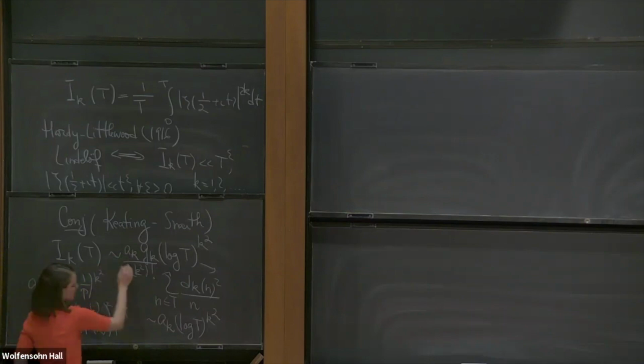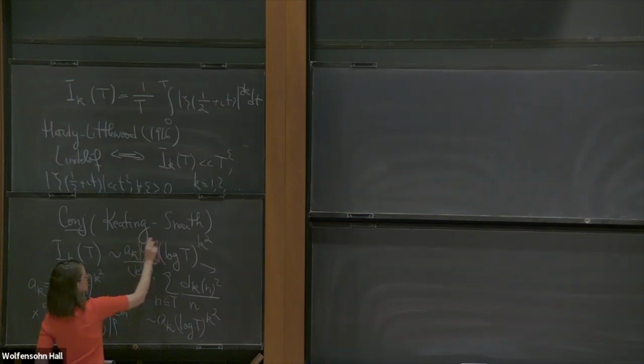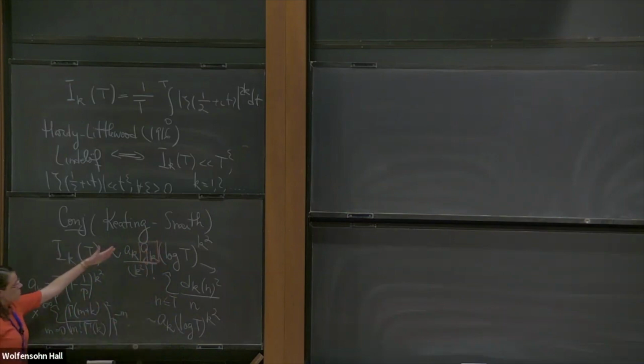The a_k and the (log T)^(k^2) were pretty well understood even before the work of Keating and Snaith. But this factor g_k was really not well understood. There were conjectures. We knew what G_1 and G_2 were. There were conjectures for G_3 and G_4 due to Conrey and Ghosh and Conrey and Gonek, but nothing beyond that.